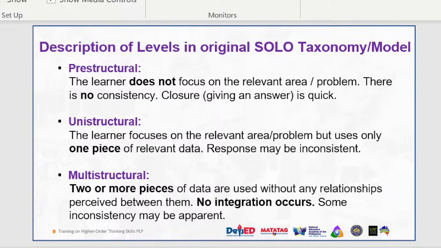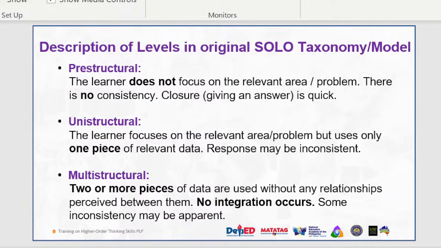So through the lens of the learner, this is the description of the levels in the SOLO taxonomy model. During the pre-structural, the learner does not focus on the relevant area or the problem. There is no consistency, and the closure giving an answer is quick. So meaning, if the teacher asks a question, the learner cannot answer.